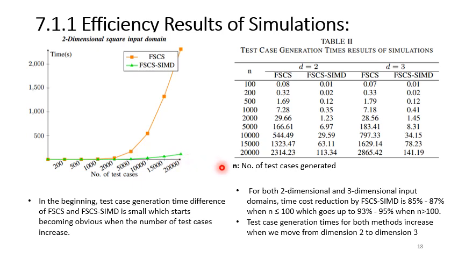For both two-dimensional and three-dimensional input domains, the cost reduction by FSCS-SIMD is 85 to 87% when n is less than 100. But after that, this time cost reduction goes up to 93 to 95%. Test case generation time for both methods increases when we move from dimension 2 to dimension 3.